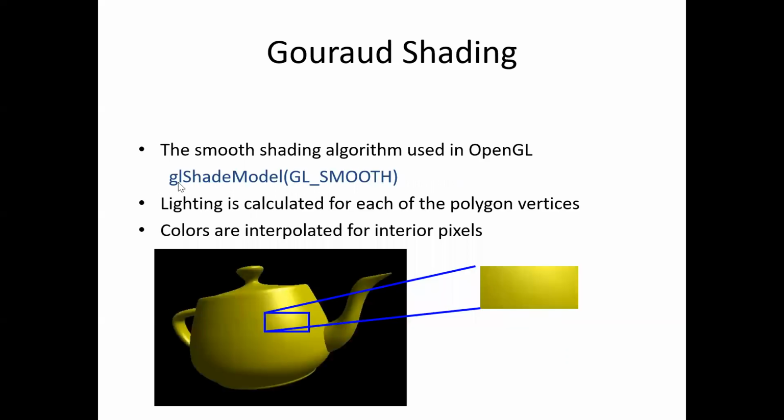Gouraud shading is the smooth shading algorithm used in OpenGL, where the parameter is glShadeModel(GL_SMOOTH).